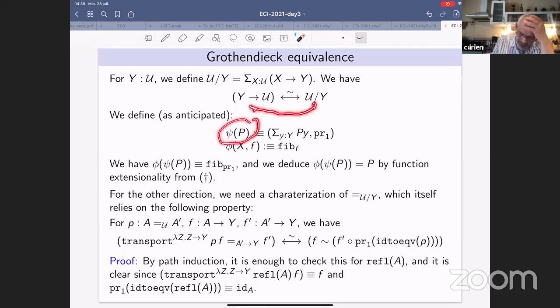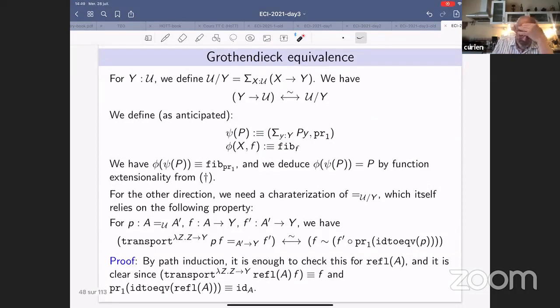It takes a family and returns the total space together with the projection, as we have seen, and the map in the other way takes a pair of a type X and a function f from X to Y. It takes it to the family phi(f), which is a family of types because it's a family of all fibers over all elements of capital Y.